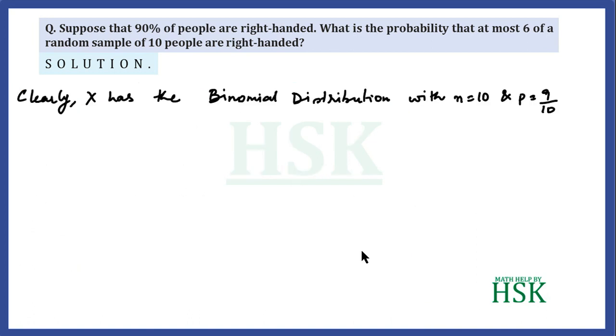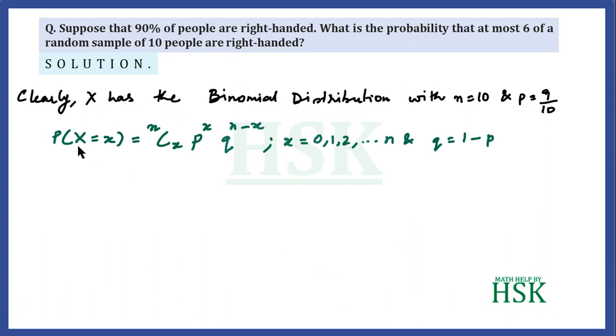Now the probability of X successes is given by this formula, nCx p to the power of x, q to the power of n minus x, where x can take the value from 0, 1, 2 up to n, and q would be equal to 1 minus p. And clearly we have calculated the value of p, q, and n is equal to 10.